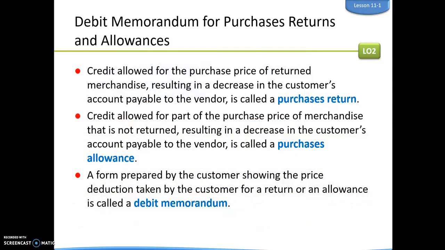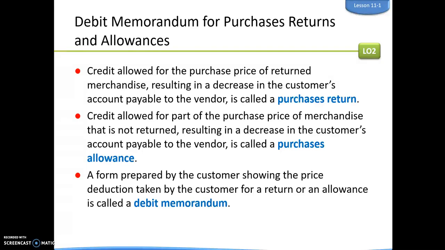Debit memorandum for purchases, returns, and allowances. Credit allowed for the purchase price of returned merchandise, resulting in a decrease in the customer's accounts payable to the vendor, is called a purchases return. Credit allowed for part of the purchase price of merchandise that is not returned, resulting in a decrease in the customer's accounts payable to the vendor, is called a purchases allowance.